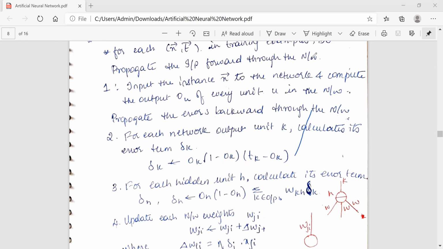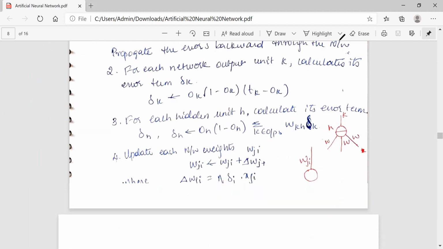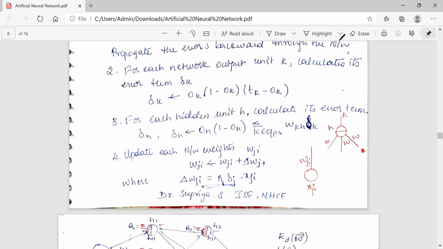After that, for each hidden network unit, what was the value that we got?